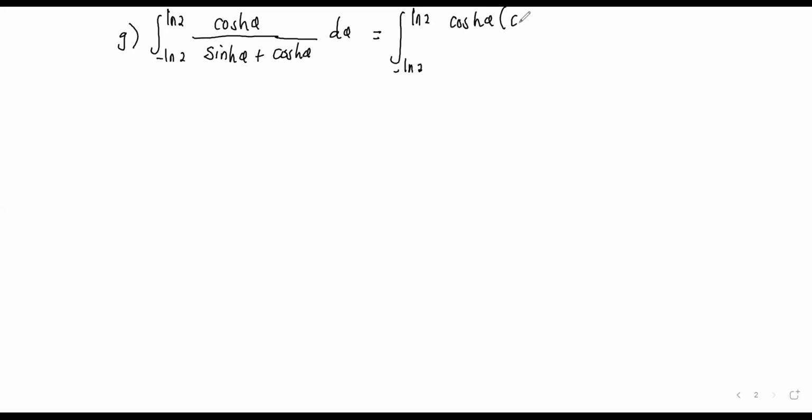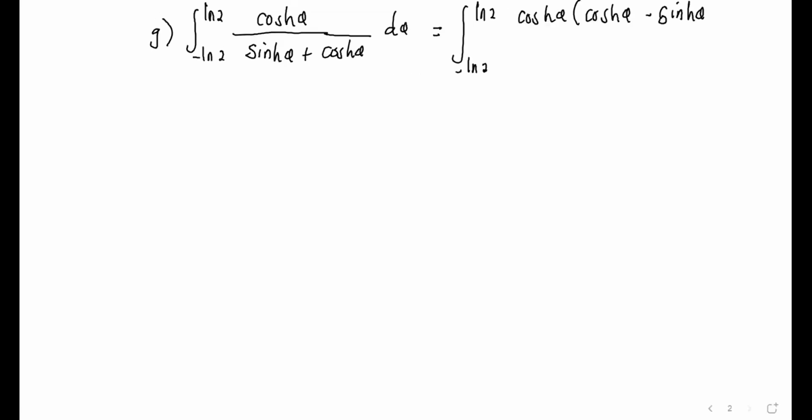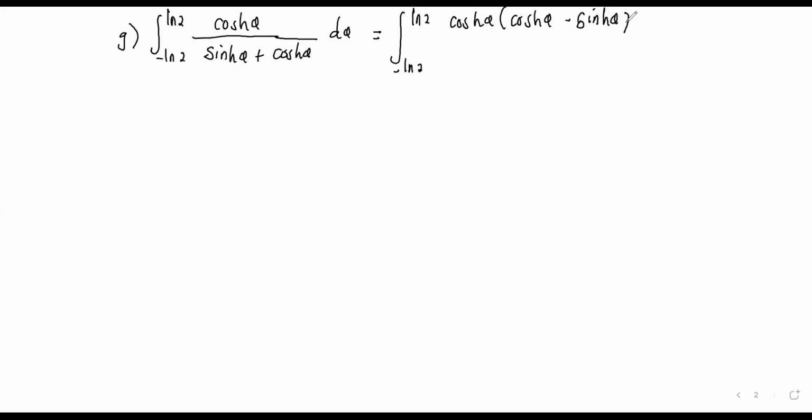So we multiply by cos theta minus sin theta. We do the same down, and multiply by the same.